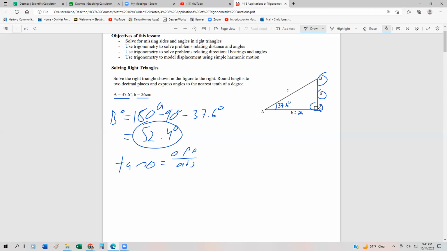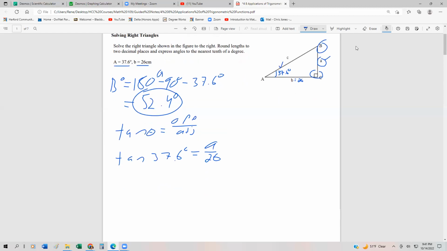Well, we have 37.6 degrees, so we can take the tangent of 37.6 degrees. That's going to be equal to the opposite, which is A in this case, divided by 26. Now to solve this, we could multiply both sides by 26. So 26 tangent of 37.6 degrees is going to be equal to A.